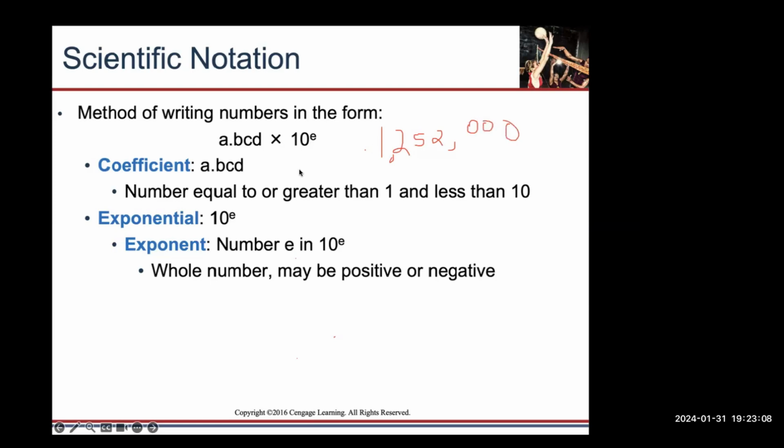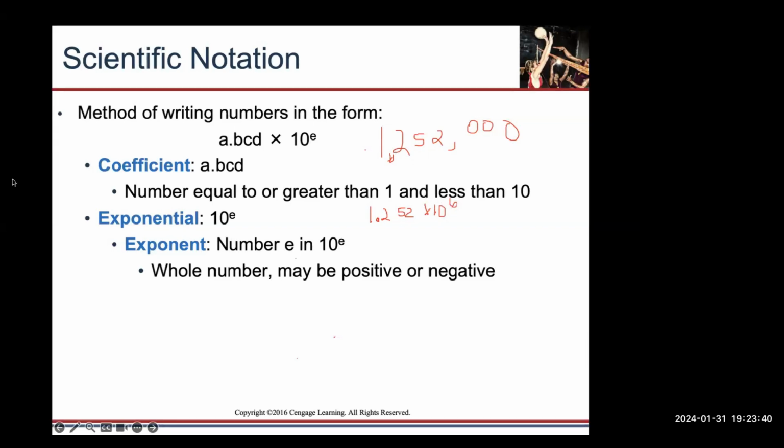Well, rather than having to write all those zeros and look at my third grade handwriting, what we'll do is we'll just write it as 1.252 times 10 to the 1, 2, 3, 4, 5, 6.